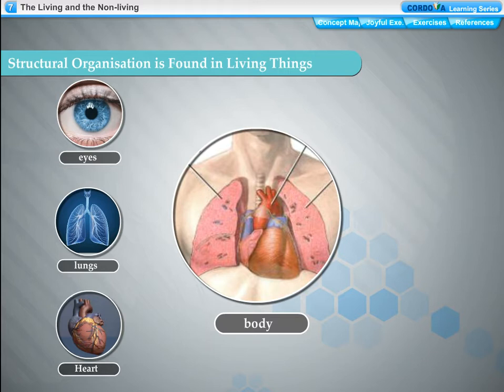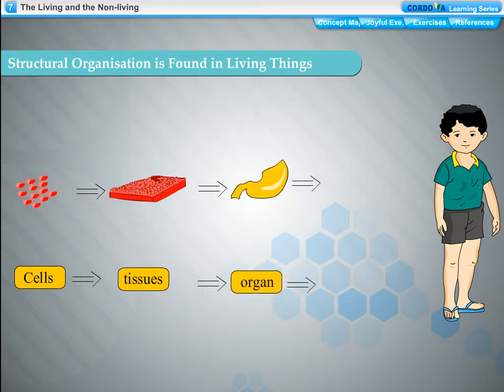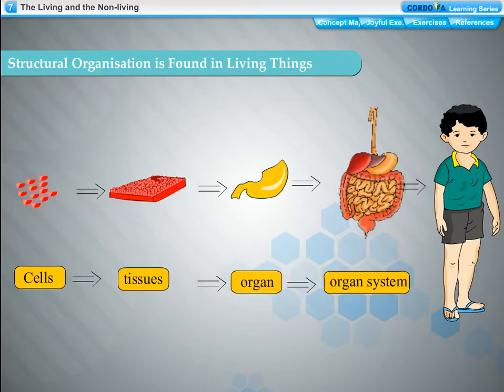These are made up of different tissues. A group of organs which perform a particular function in coordination with each other is called an organ system. Organs like mouth, stomach, esophagus, liver, and intestine together form an organ system called the digestive system.